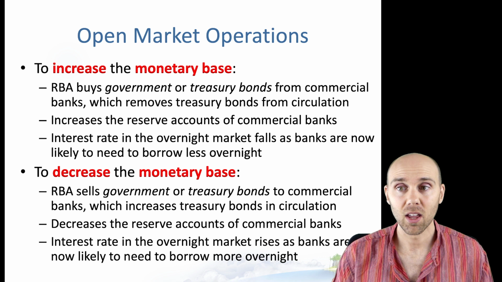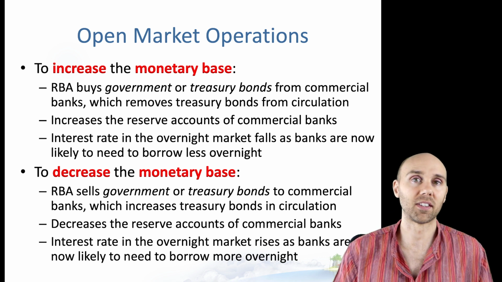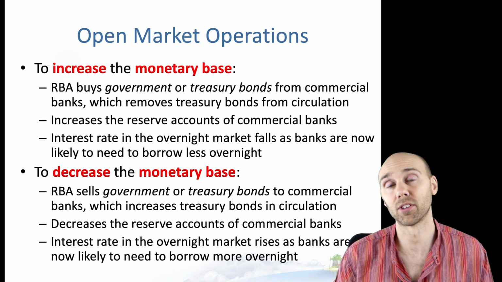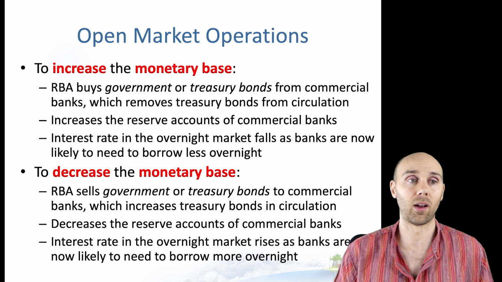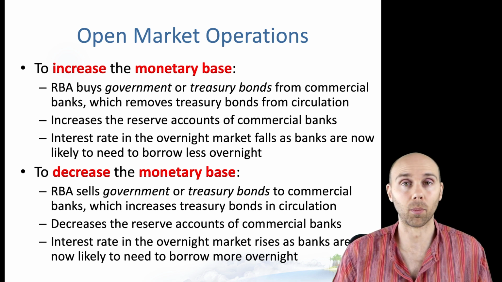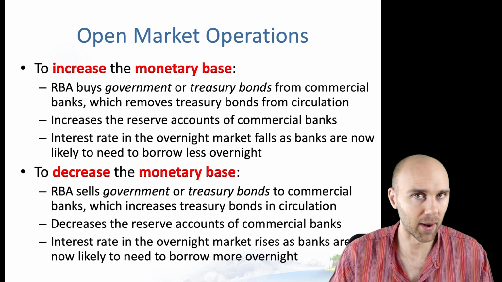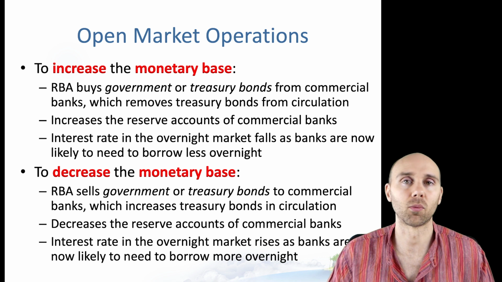On the other hand, to decrease the monetary base, the RBA sells these government bonds or securities. You might have purchased some bonds yourself in the stock market or so forth, or when you get a term deposit, you're essentially purchasing a bond, some sort of contract from a bank where you put your money in and you get it out later with some rate of return.